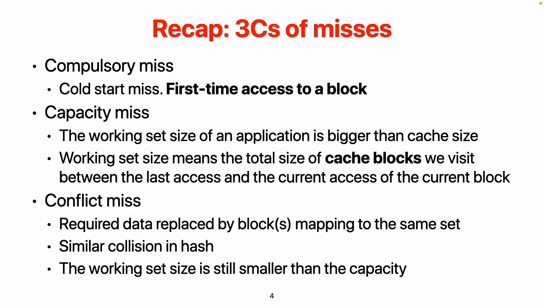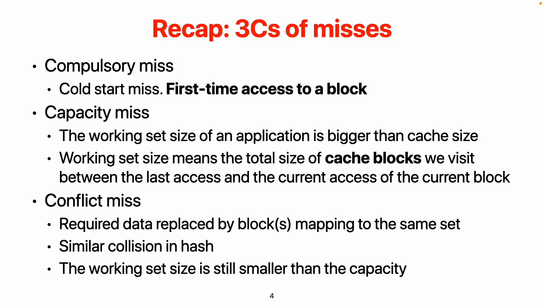That's your working set size. If that's more than the number of blocks you can have in your cache, that's why you have capacity misses. However, there are also cases where even though your working set size is not larger than your cache, you still see a lot of misses.